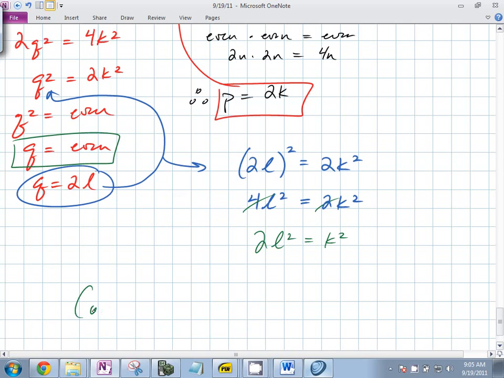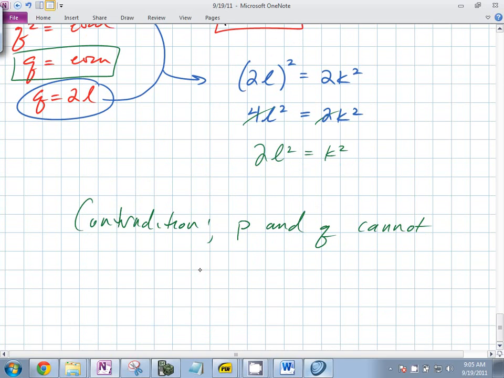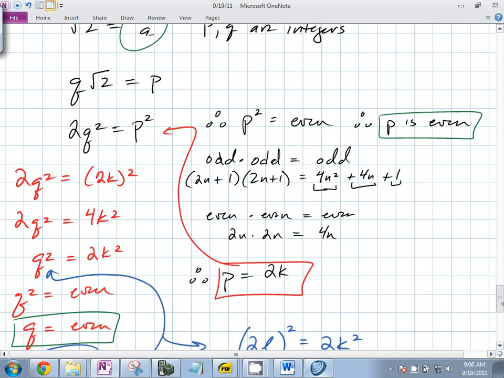Why? This is really important. P and Q cannot both be even. If they were, then P over Q would equal, and we came up with new letters, P was equal to 2K, so K over L, right?